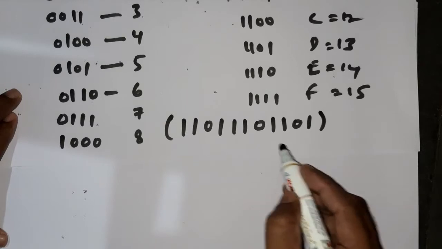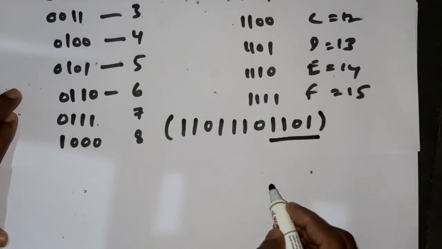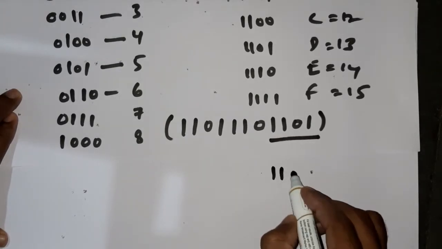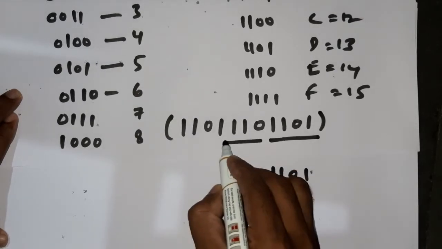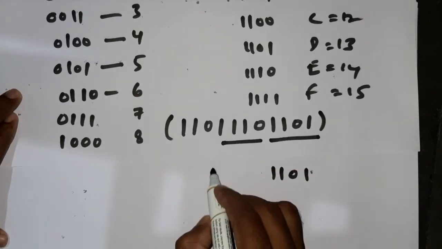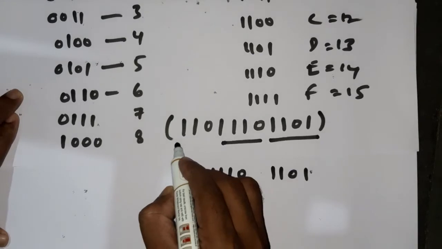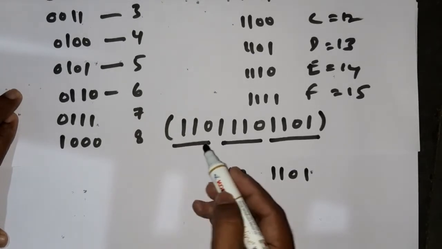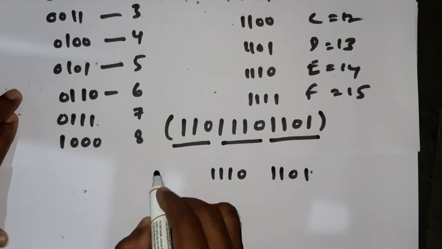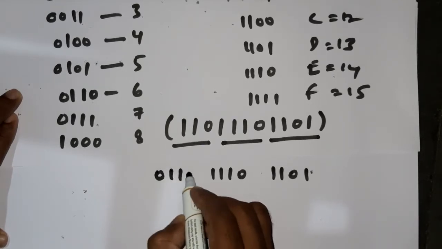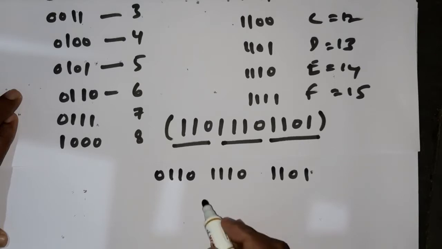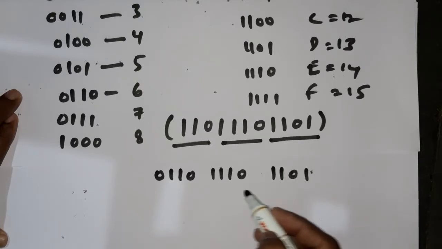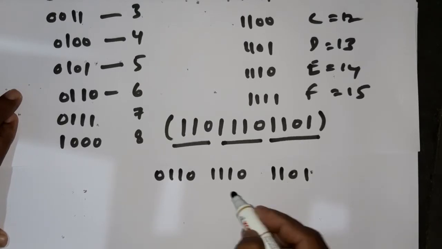To make it groups of 4 digits, so this one is the first group, right. Next 4 digits, this one. Next we have 3 only. We can additionally add 0 on the left side, it doesn't change the value, so I am doing that, 0. Okay, now we separated it into 3 groups of 4 digits.